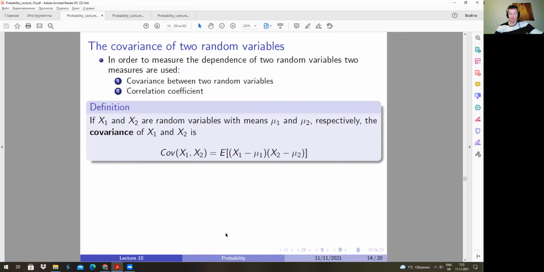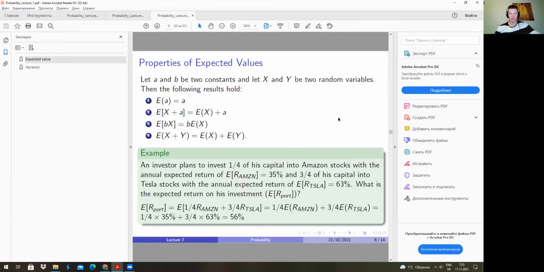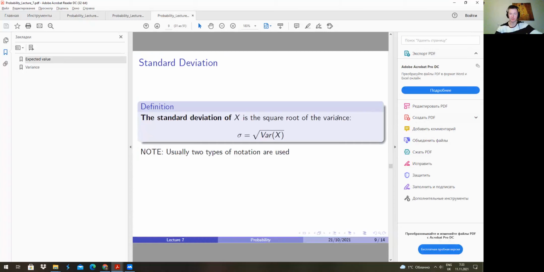So here is the definition of a covariance. If x1 and x2 are random variables, they have expected values or means mu1 and mu2. Don't forget, we introduced this notation in lecture number 7: the expected value is sometimes, for simplicity, denoted with mu.